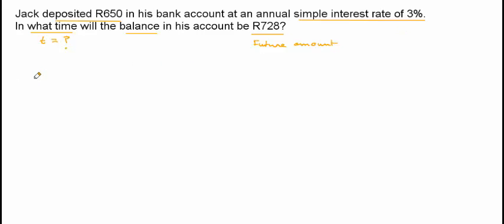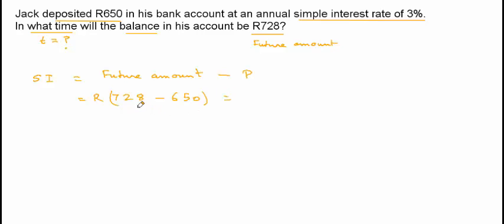Now, the amount of simple interest is given as the future amount minus the initial deposit, which is P. In this case, the future amount is 728, and if you subtract the initial deposit, 650, that many number of Rand is the simple interest earned.